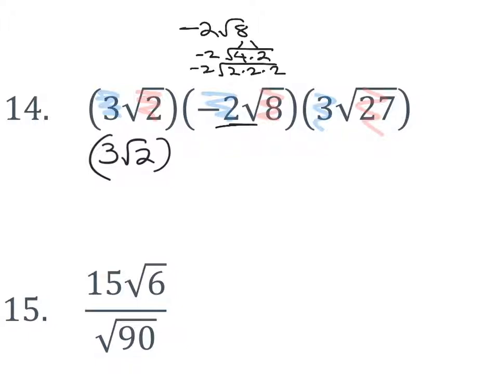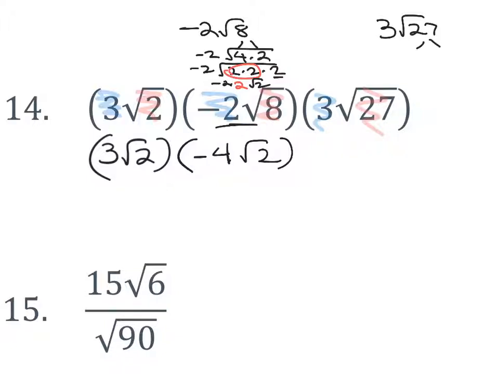And I guess I'll just stay consistent because I've been bringing them all the way to prime each time. So now I got a pair of 2's. So one of those 2's comes out. I had a negative 2 out front already, and this 2 stays underneath. So now this becomes negative 4 square root 2. Now for the 27. So 3 square root 27.